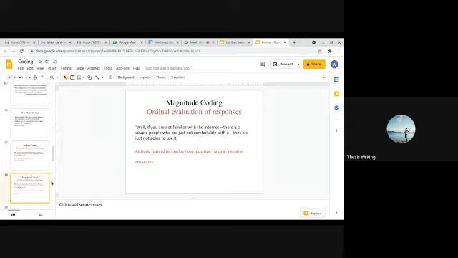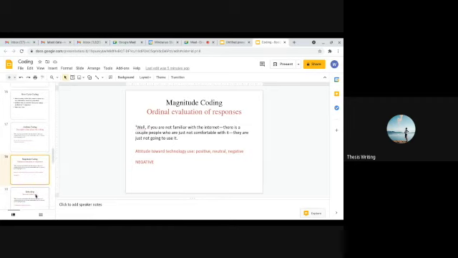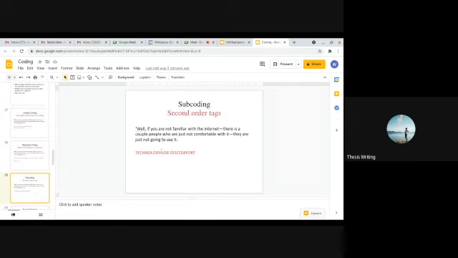Pwede rin gano'n, no? And then, ito sa libro ni Saldana to. And then, you can also subcode. In other words, meron kang na-code na, tapos sa ilalim ng coding, meron pang mga subcategories, halimbawa, technology use, then the subcode category is discomfort.